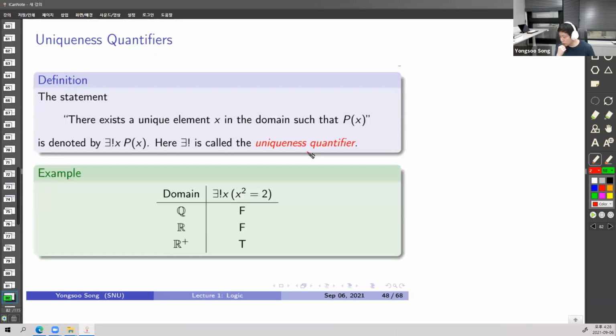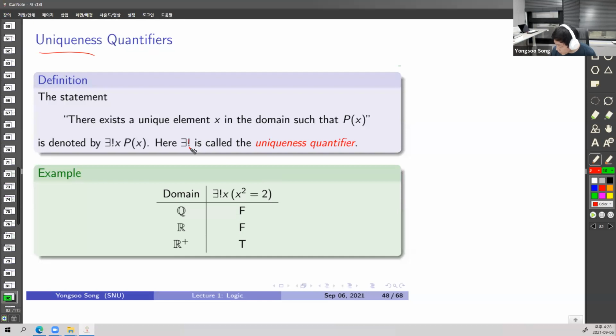So let's consider one example. Sorry, let me define one more quantifier. This is not a third quantifier, but a simple variant of the existential quantifier. It's called a uniqueness quantifier.